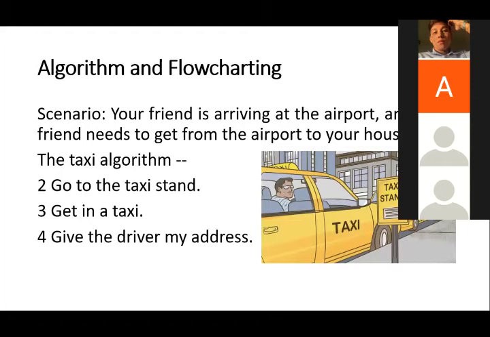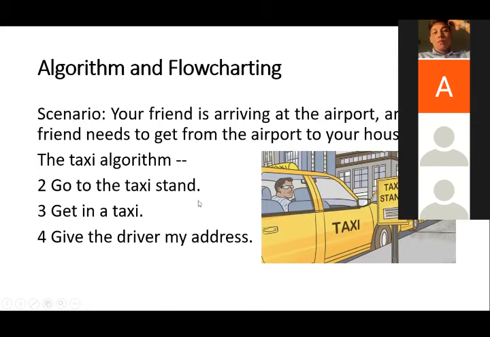For example, scenario, your friend is arriving at the airport. And your friend needs to get from the airport to your house. So there are different ways for your friend to go to your house from the airport. One is through taxi. Let's say the taxi algorithm, mali yung numbering ni Madam.